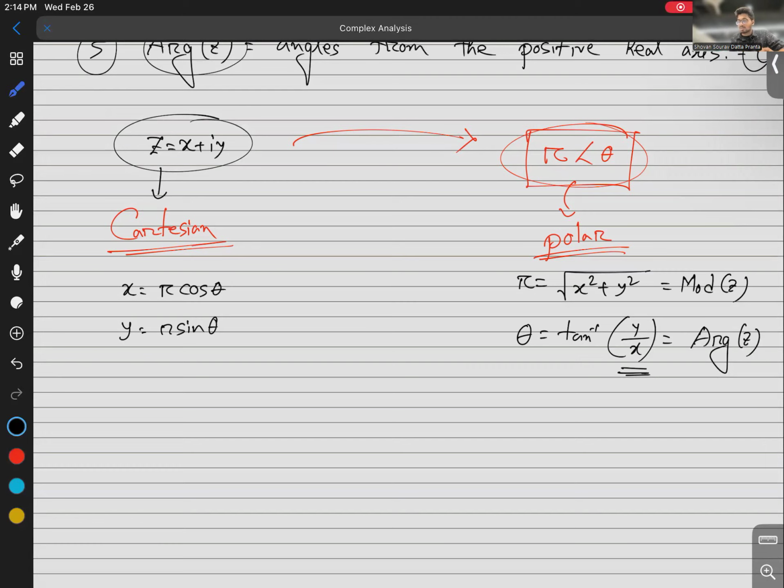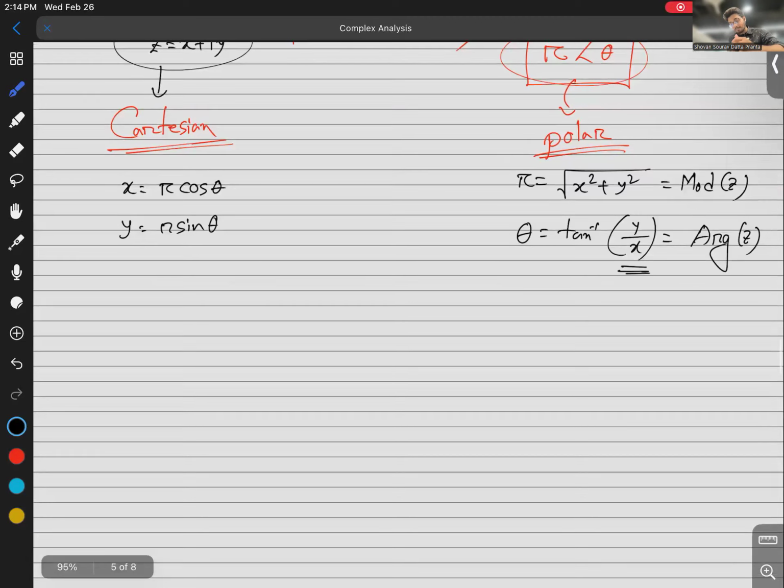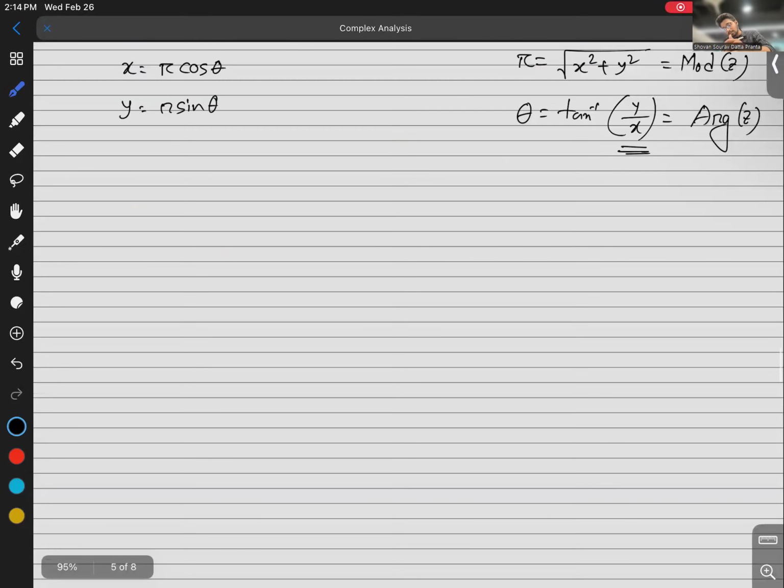If it's the first quadrant, then the argument will be something like, let's say, finding the principal argument here.